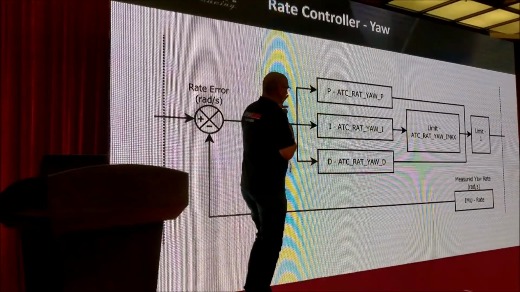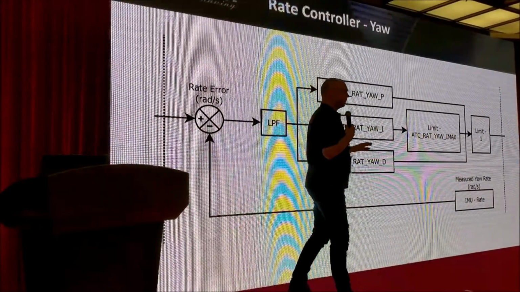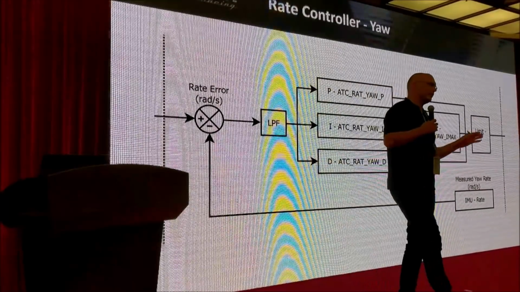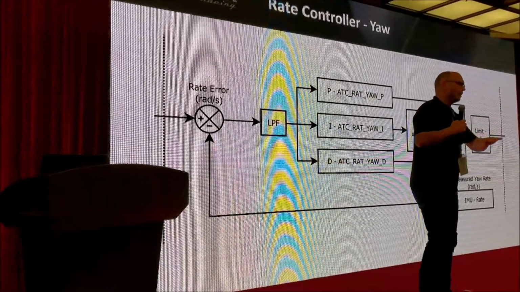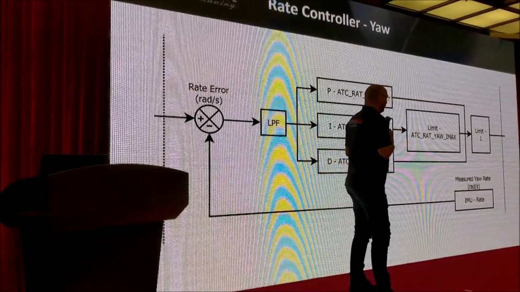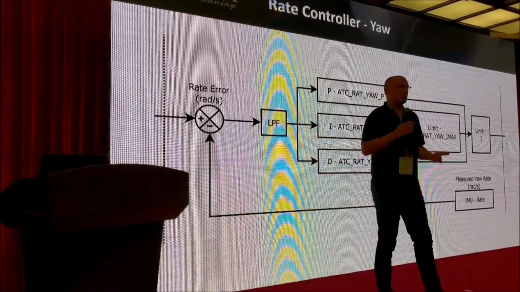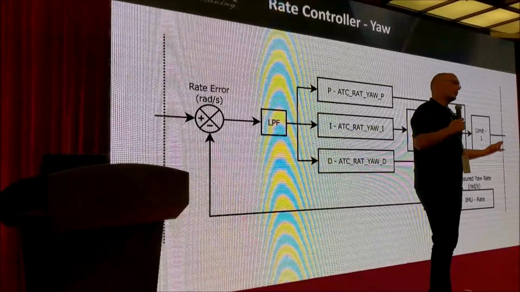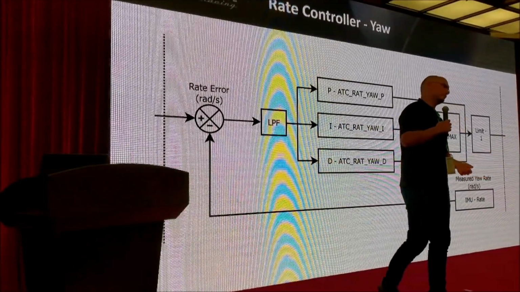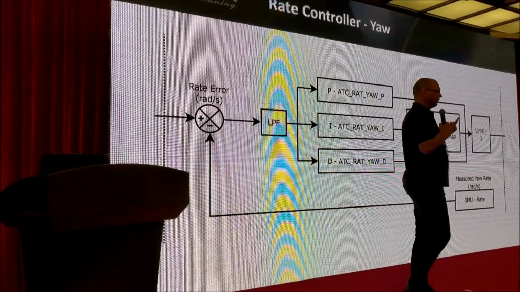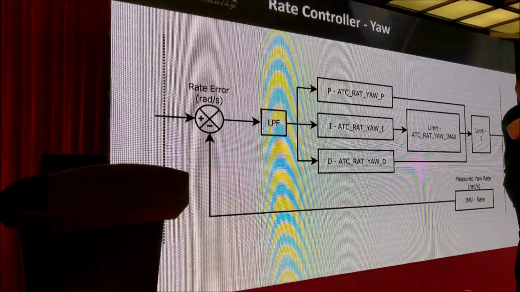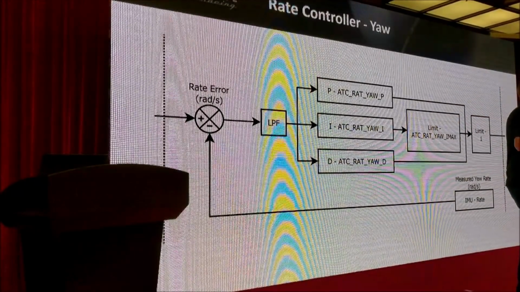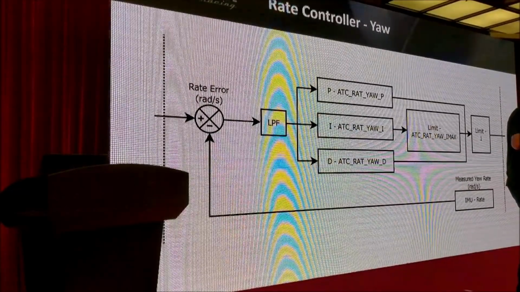Now, yaw is very special. Everybody thinks of yaw as being one of the slowest controllers and weakest controllers. Funny enough, yaw is actually the strongest controller in a multi-rotor. Unlike roll and pitch and throttle, yaw has access to the full power of your aircraft immediately.